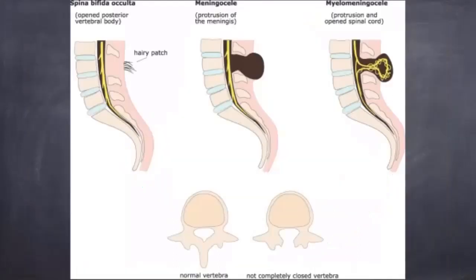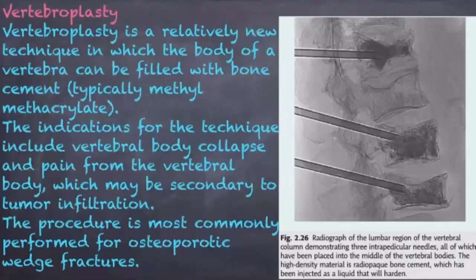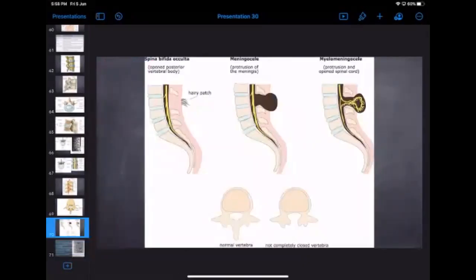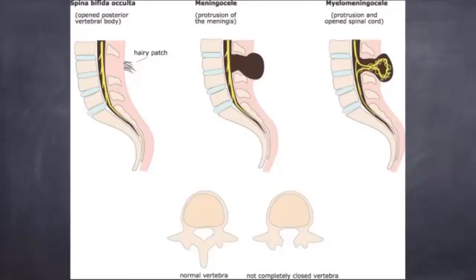And coming to another thing, that is spina bifida. Spina bifida means failure of the merging of the vertebral arch. This is the normal vertebra, this is the spina bifida vertebra.